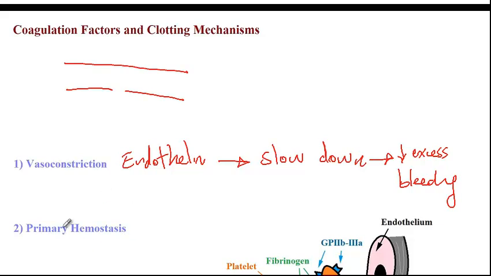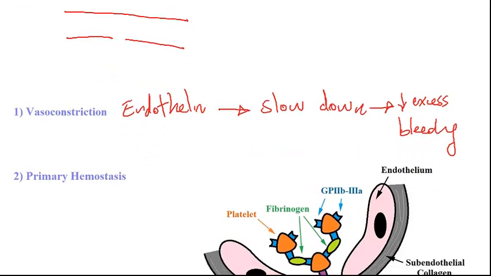Before I go over those mechanisms, I would first like to stress the difference between hemostasis and homeostasis. Homeostasis is maintenance of a stable equilibrium by physiological processes, whereas here we are talking about hemostasis, which means arrest of the bleeding. I thought it's important to go over those. In any case, the first mechanism is vasoconstriction.